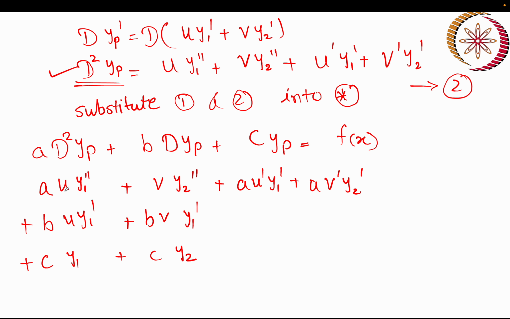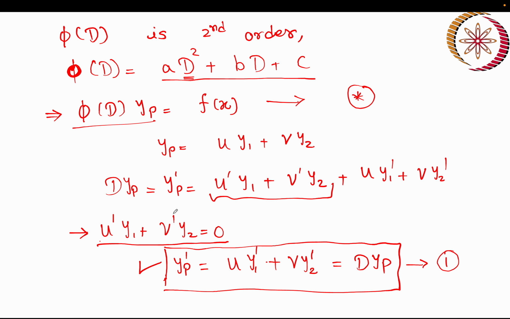Okay, u and v will come here because this is one term and this is another term in yp. So what we have done is use these three equations and substitute the first derivative of yp and the second derivative of yp into this equation.